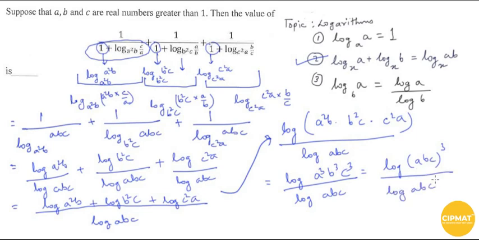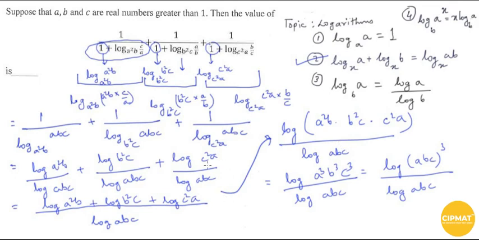Here another concept of logarithm that is going to come in handy is the fourth property. It says that when you have log of a to the power x with some base, let's say b, this becomes x times log of a with base b.